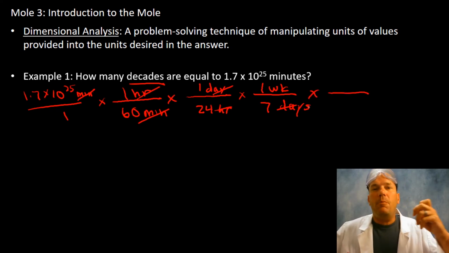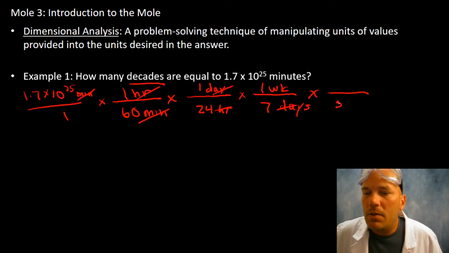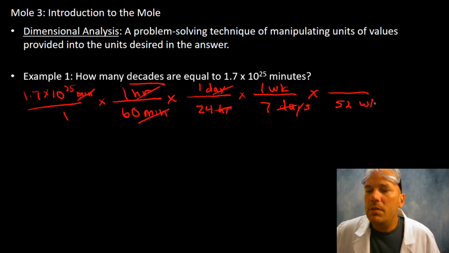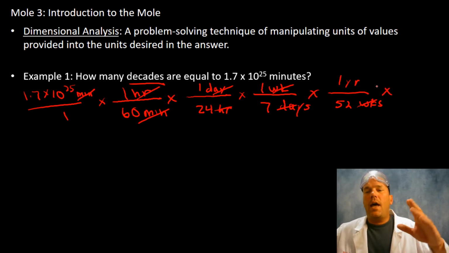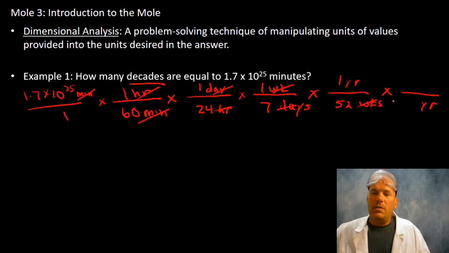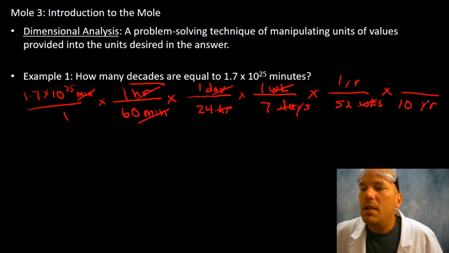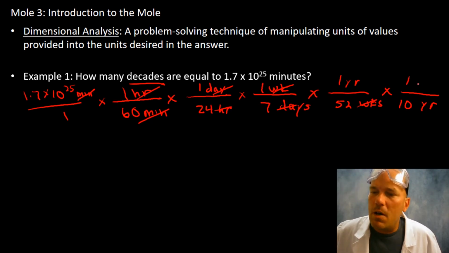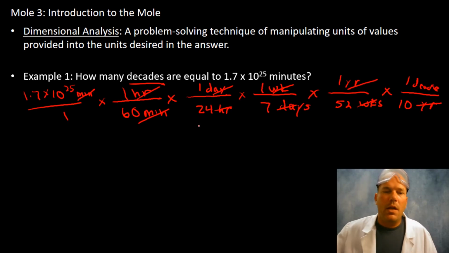And I don't want weeks, I want decades. And so there are 52 weeks in 1 year. Cancel, cancel. And I have years here. I need to get years on the bottom. And so I know there are 10 years in 1 decade. Cancel, cancel.